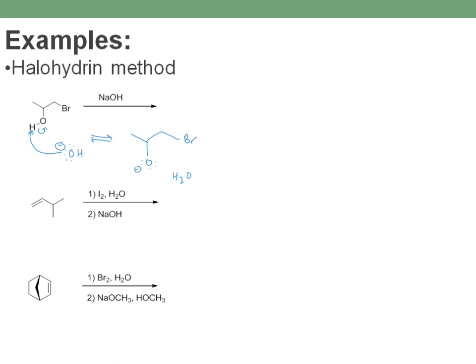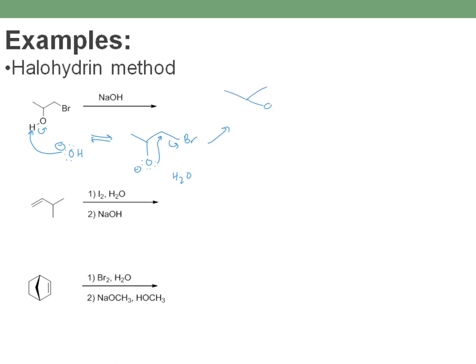The interesting thing, though, is that once you have this O minus on this molecule with the bromine, it can do basically an intramolecular SN2, where this oxygen can basically just lean over and attack this carbon with the bromine on it to give you your epoxide.